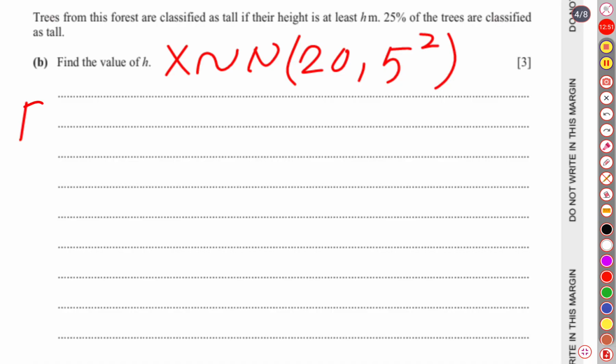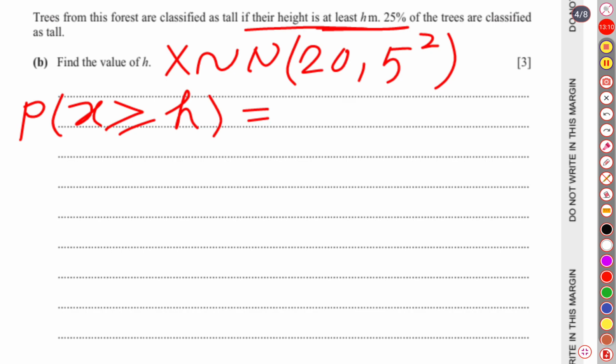Now they have told that probability of X is, look at this, at least, that means their height is at least h meter. At least, what does it mean? It will be either more than or equal to h meter, and the probability is given 25%, means 0.25.